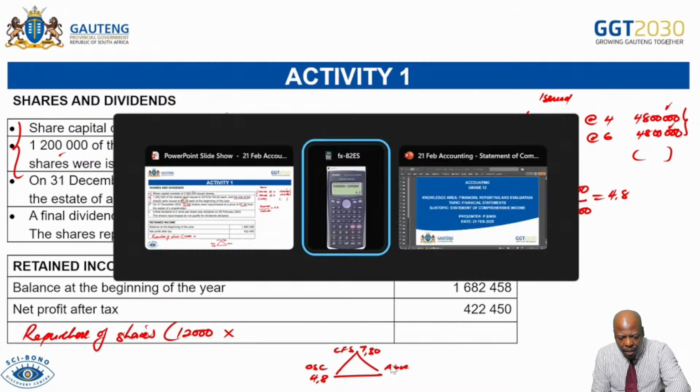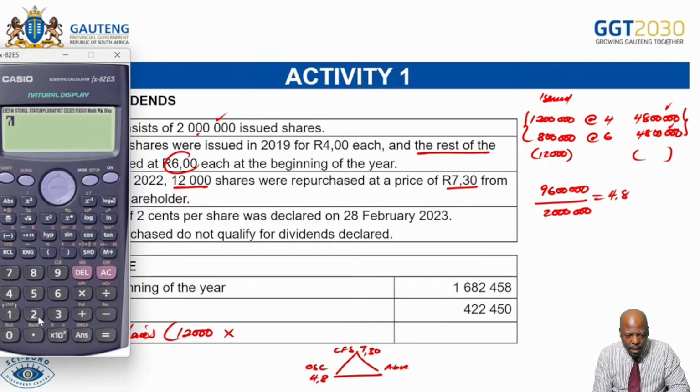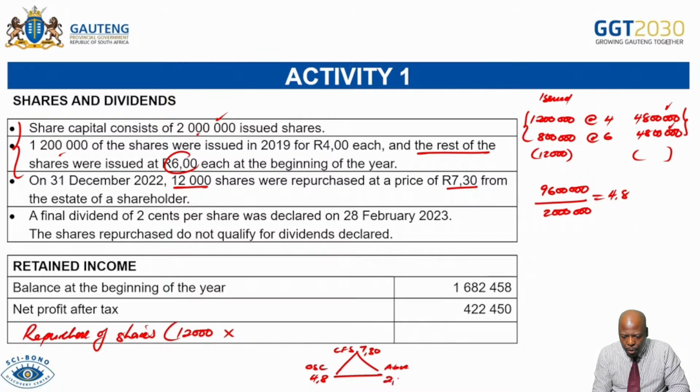So it's going to be 7.3 minus 4.8, that becomes 2.5. So I'm going to come here and say 12,000 multiplied by 2.5, and that gives us 30,000 over there. So that is how you'd have done that one.